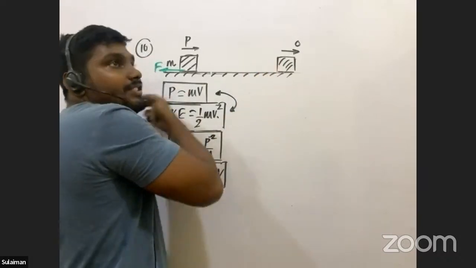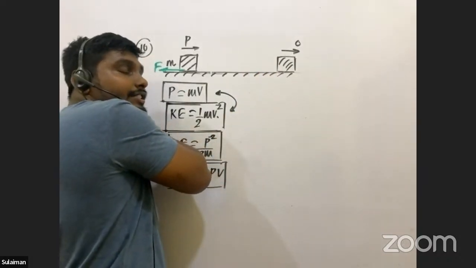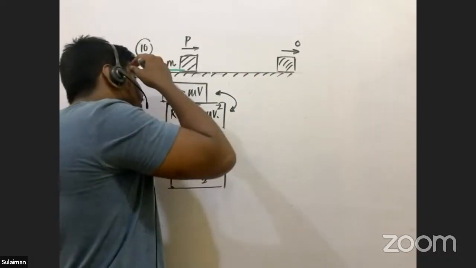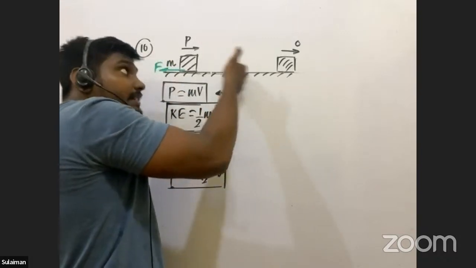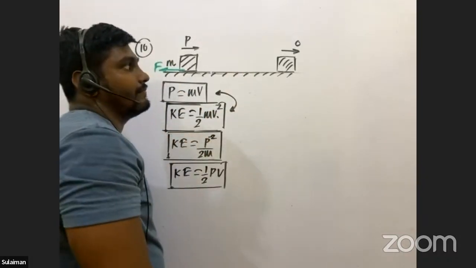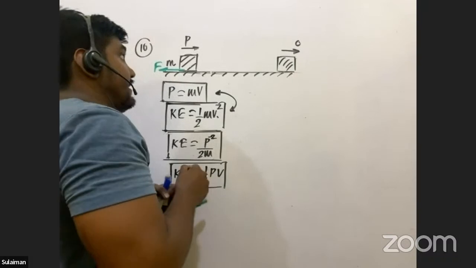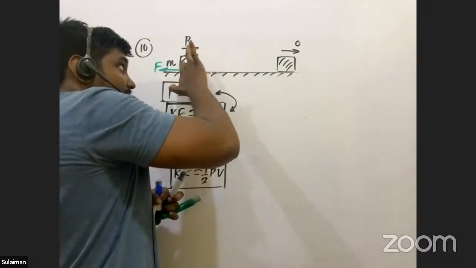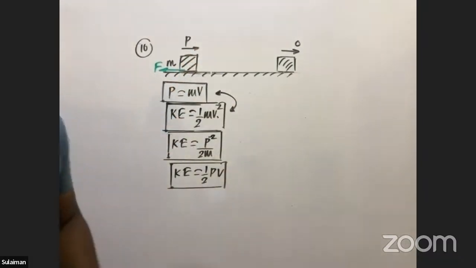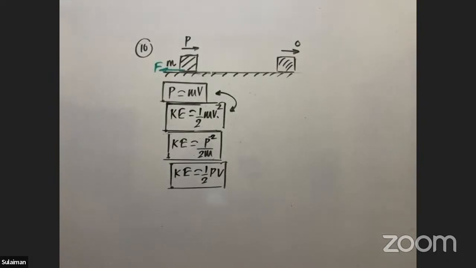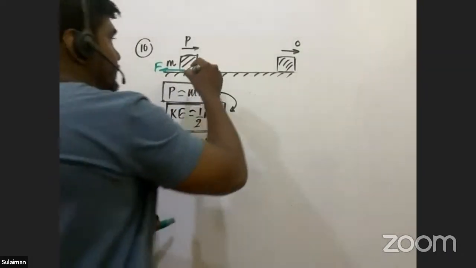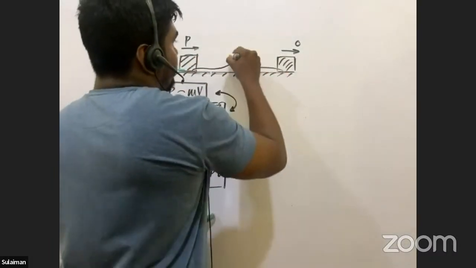That 500 joules of kinetic energy was converted to work done against friction. Let's say the distance traveled by this object is simply x, this gap is x.